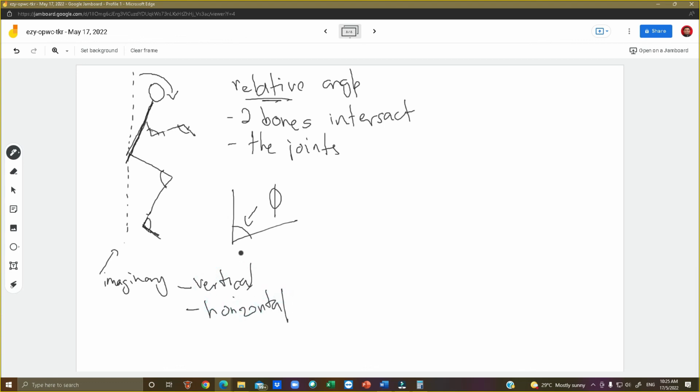We can only rely on an imaginary line when there is no intersecting bone. This imaginary line will be your reference line. From the reference line to the bone that we have interest in, this will be your pi.